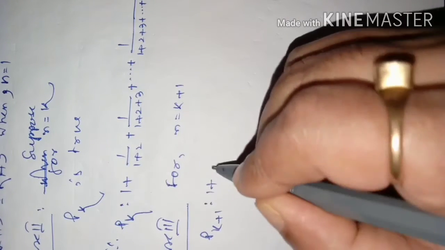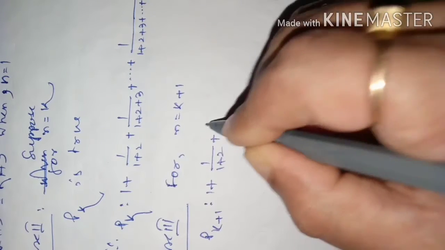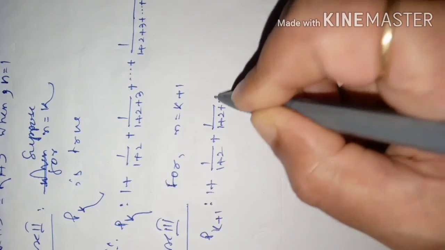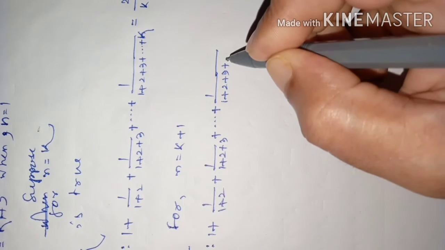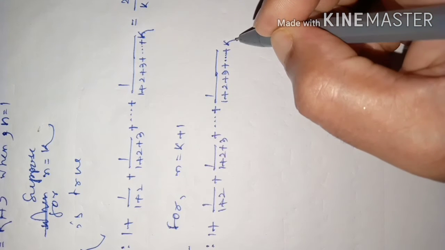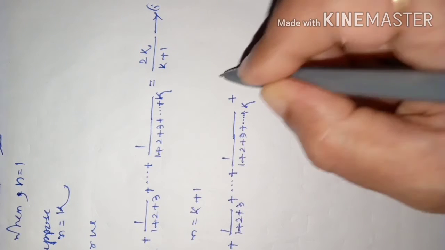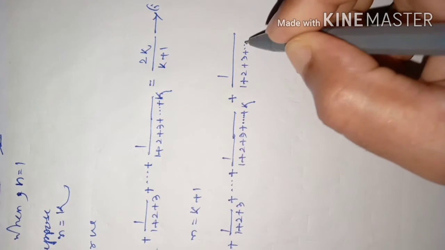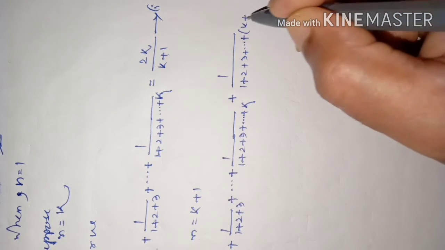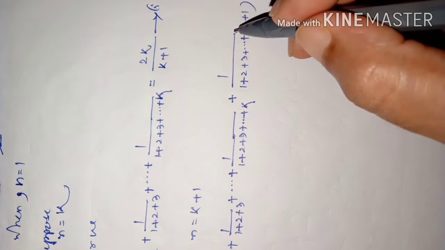Then Pk plus 1 will be like this: 1 plus 1 by 1 plus 2 plus 1 by 1 plus 2 plus 3 plus dot dot dot plus 1 by 1 plus 2 plus 3 plus dot dot dot plus k, plus one more term, 1 by 1 plus 2 plus 3 plus dot dot dot plus k plus 1. Our last term will be plus k plus 1.